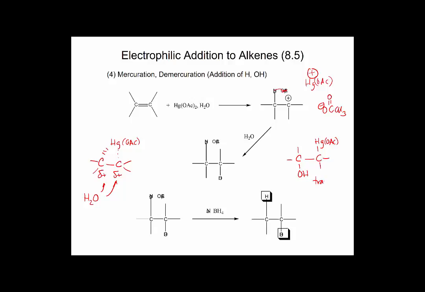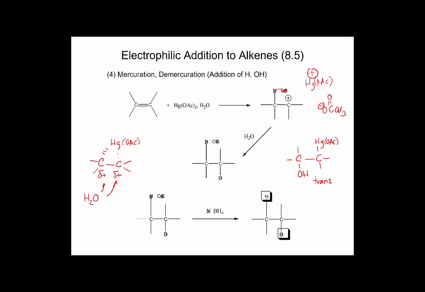So I get trans addition. As I went through in the video, that's two steps, right? The water comes in, adds, and makes an oxonium ion. I lose H plus to give me the OH, and I form that compound. So the OH and the mercury added trans.